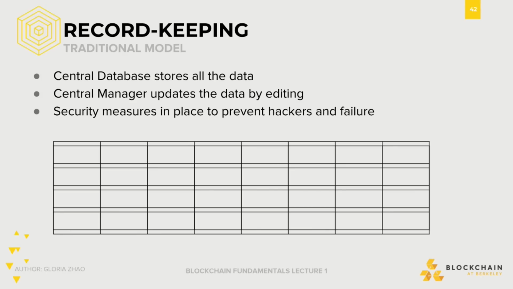And maybe they have multiple copies to make sure that if one server goes down, they still have something that's available for other people to see. But anyways, one thing that we know for sure is that the bank keeps the sole copy of the data. And if we disagree with what the bank says, sucks to be us, because their truth is the truth.